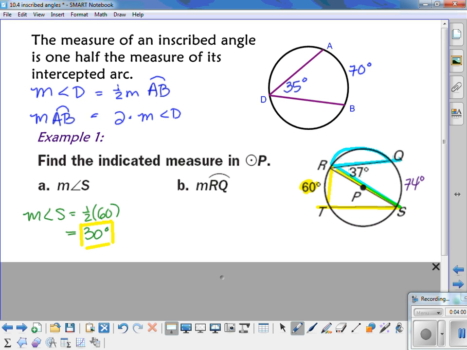And the other thing I notice is that going from R all the way to S, it's a semicircle, so that's 180 degrees. So to find RQ, I can just take 180 and subtract the 74. And so the measure of arc RQ is 106.